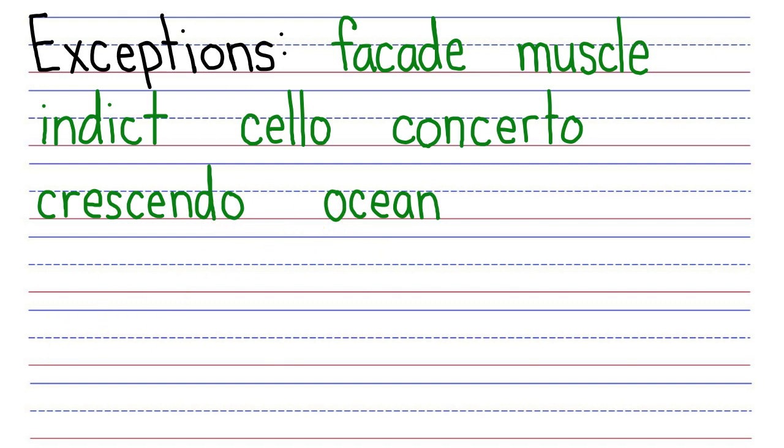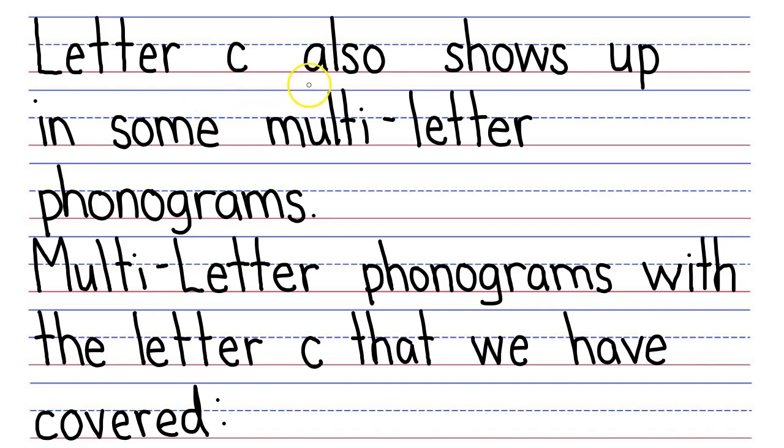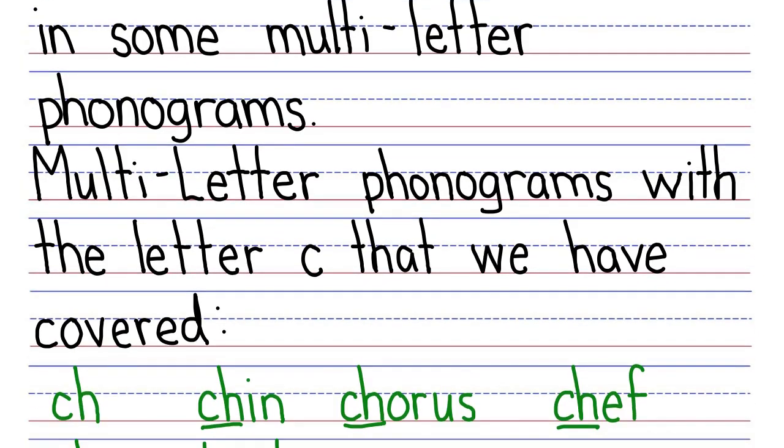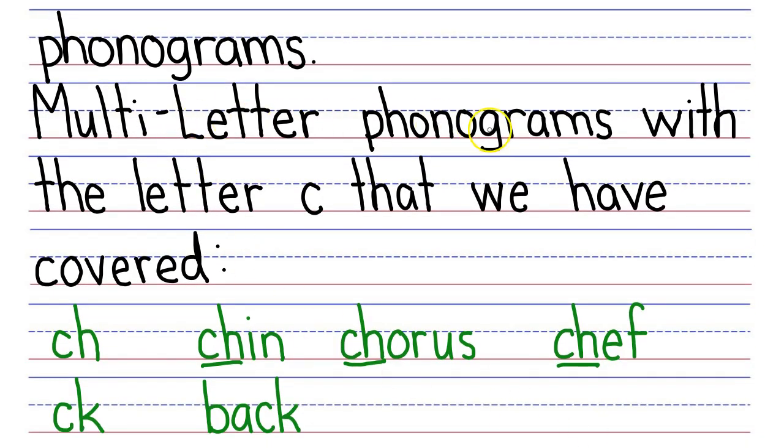The other thing that I want you to be aware of is that letter C also shows up in some multi-letter phonograms. So there are some that we know and some that we don't know. The multi-letter phonograms with the letter C that we have covered are CH and CK.